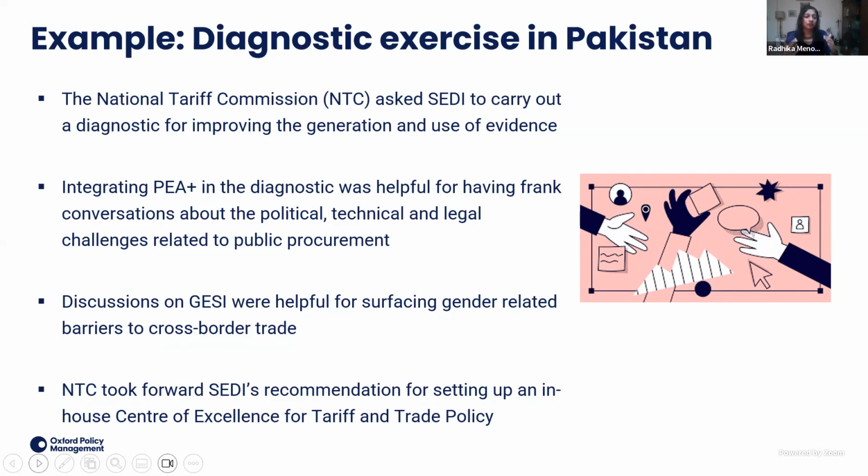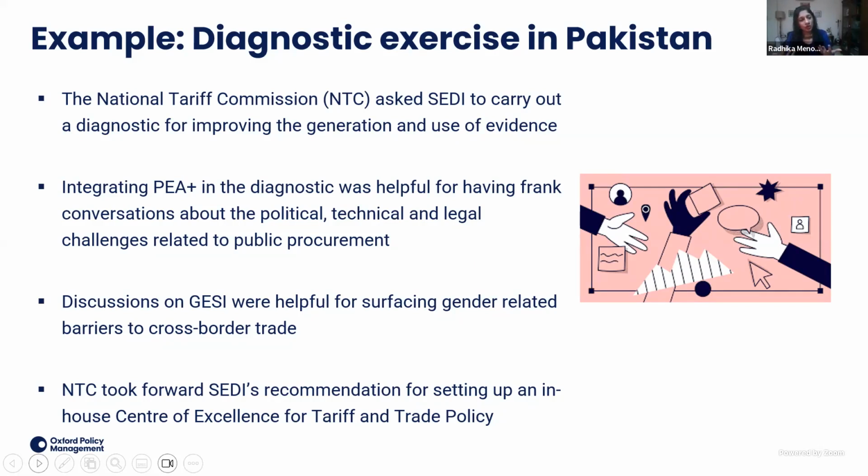It's then better for them to set up an in-house unit, increase capacity within NTC. So they decided then to set up a center of excellence to build their survey capacity and research capacity. But very importantly, I think we introduced some of the GESI-related questions. So initially, the conversations were about gender and trade reform, and they saw it as a very gender-neutral space.